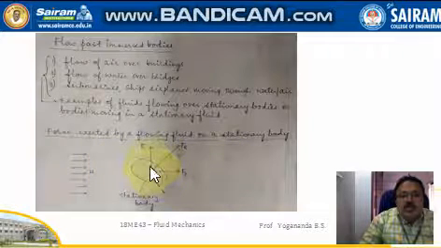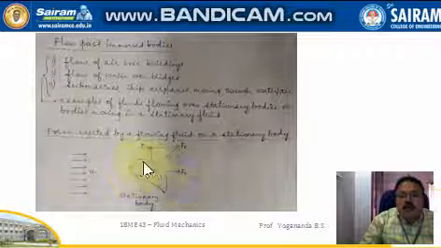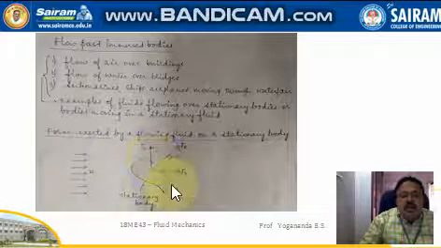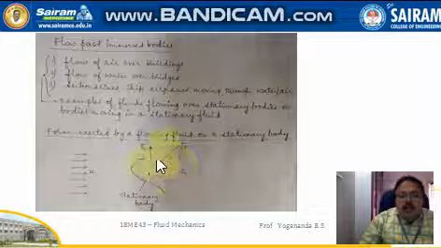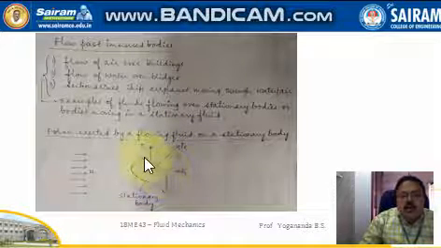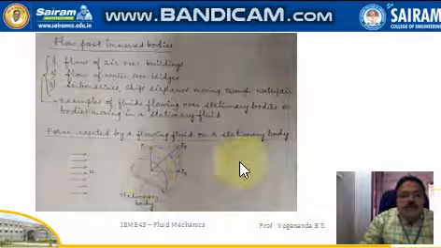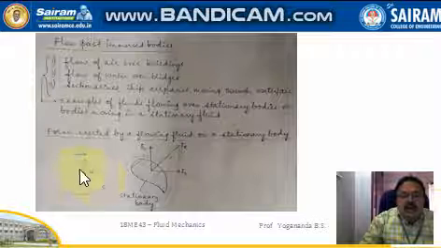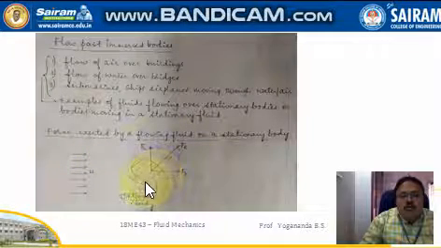For that I am taking the force exerted by a flowing fluid on a stationary body. Here you can take the example of the wing of an aeroplane, or any other body. The body is stationary, but the fluid is flowing. Here u is the velocity in the direction of motion.